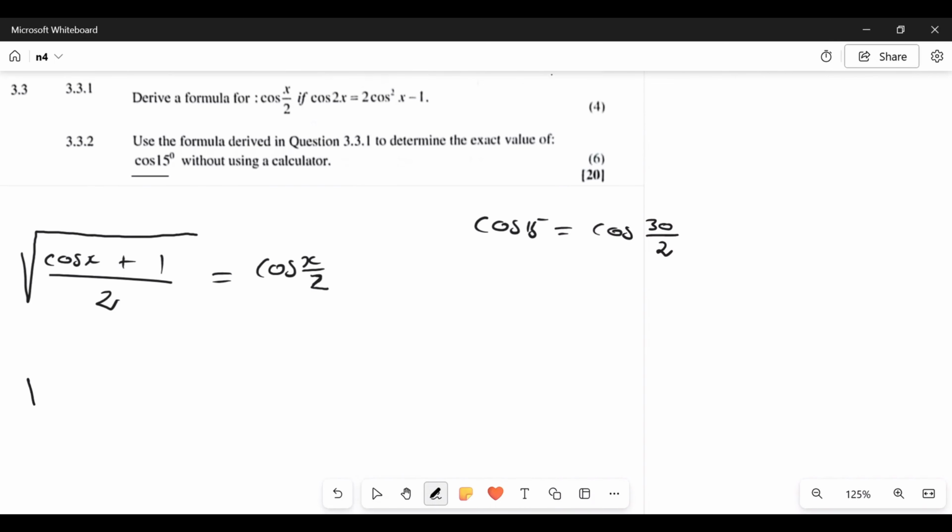We can say the square root of cos 30 degrees plus 1 divided by 2, and here we can say cos 30 degrees divided by 2. From here, you need to use the special angle triangles. So let me just write the special angle triangles on the side here. I'm just going to use the one that is required.